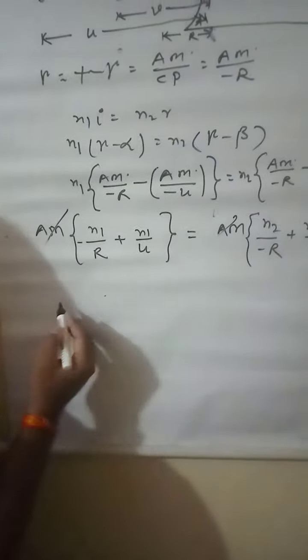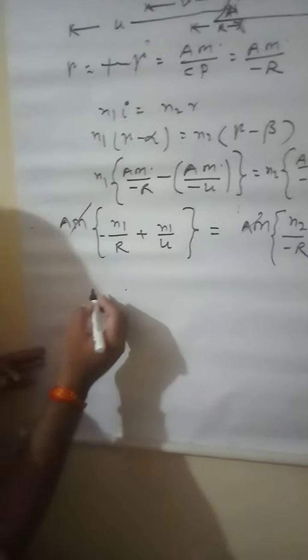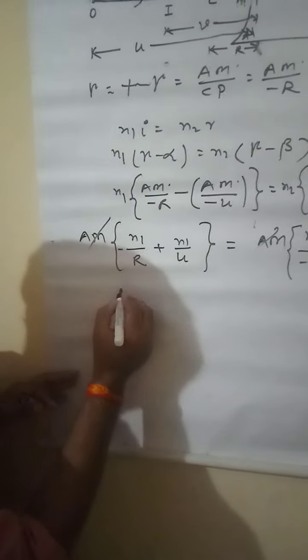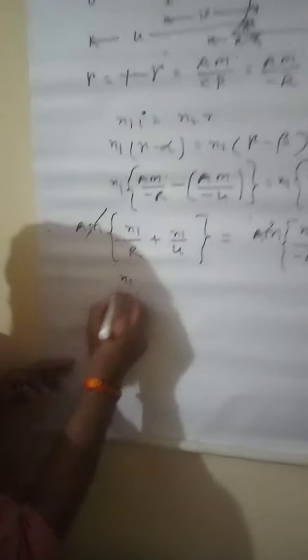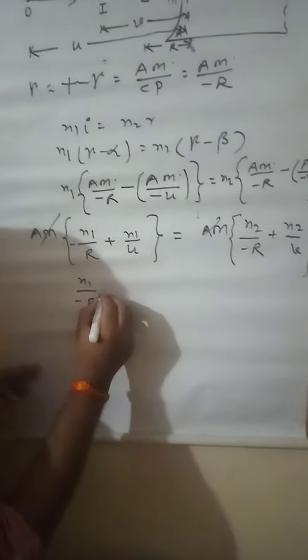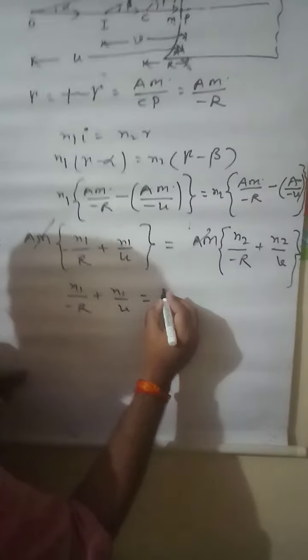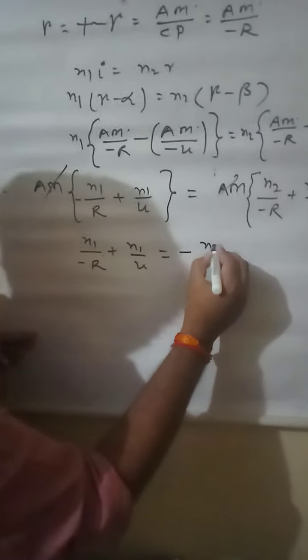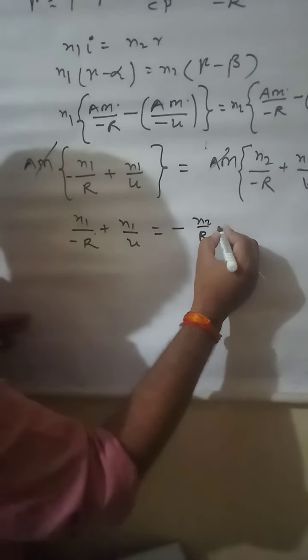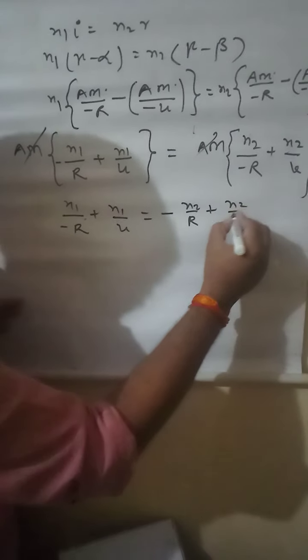Now AM cancels out. The above equation rearranges as n1 by minus R plus n1 by u equal to minus n2 by R plus n2 by v.